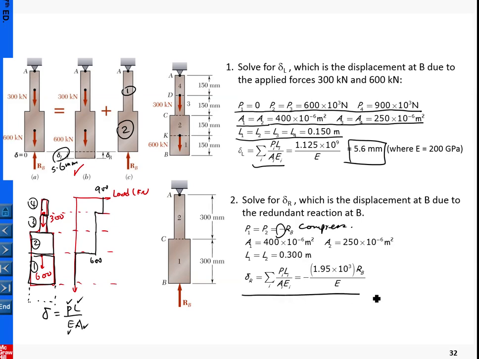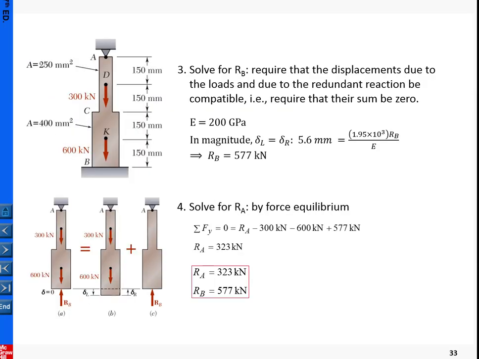So delta R equal to this one, and again this minus simply indicates that it's compressive. So basically here the theme is, we see next page. So the theme is this. From the first one we have calculated 5.6 millimeters.